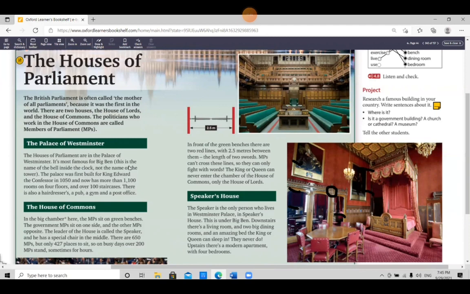There is also a hairdresser's, a pub, a gym, and a post office.